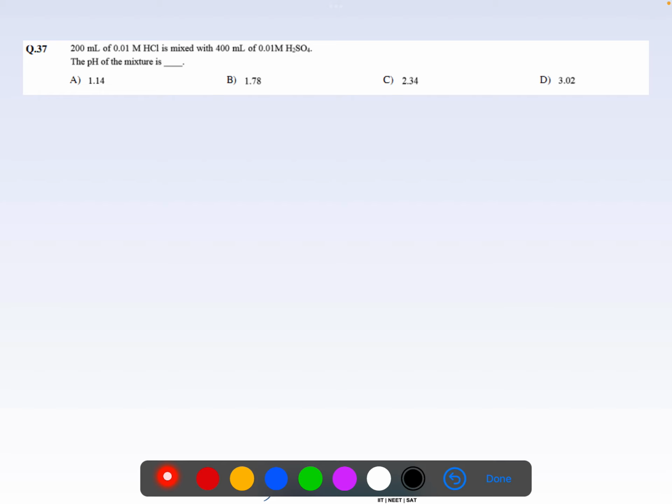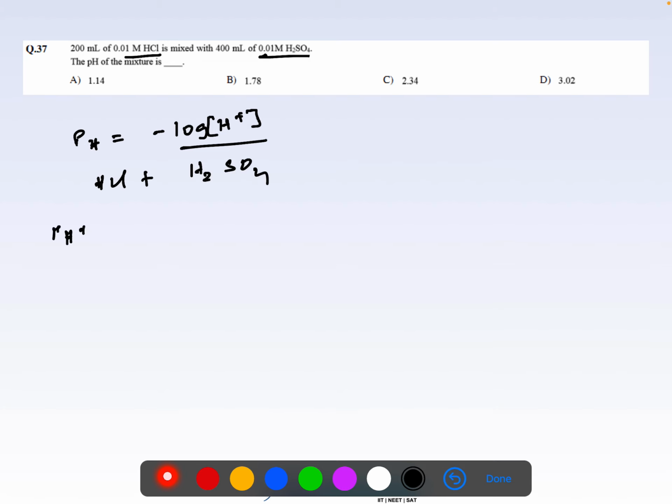We have to find the pH of a mixture of HCl and H2SO4 here. So pH will be equal to minus log hydrogen ion concentration. So here we have been given a mixture of HCl and H2SO4. So the concentration of H plus will be equal to total number of moles of H plus divided by total volume.